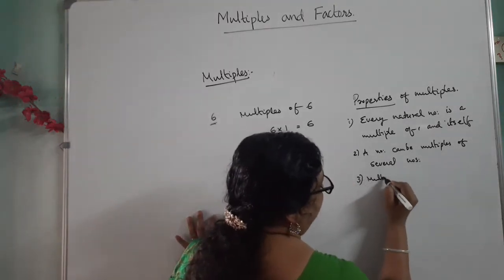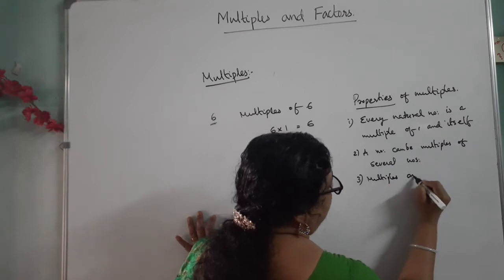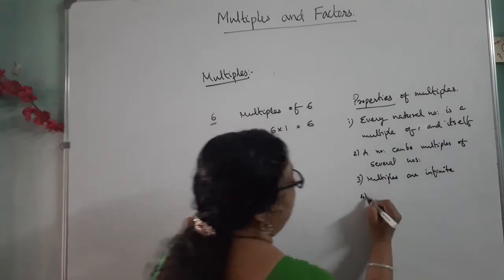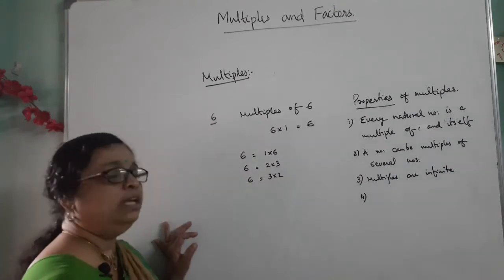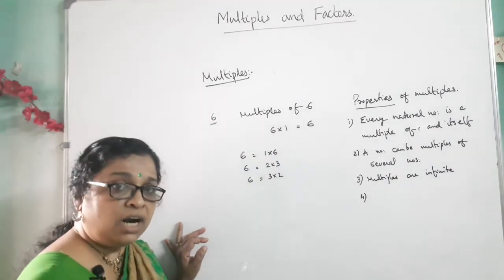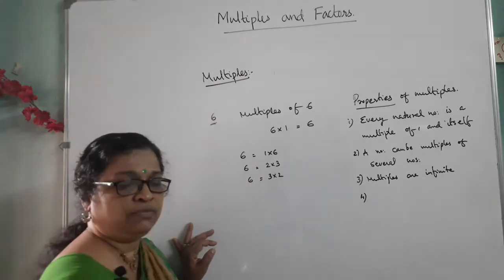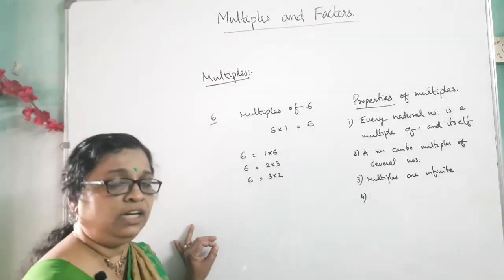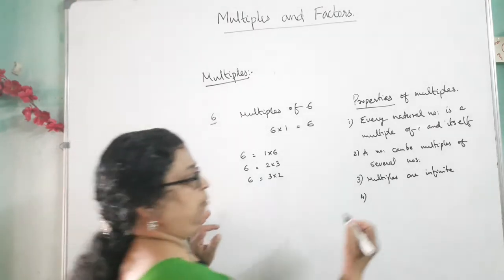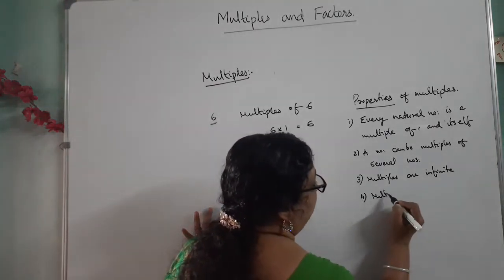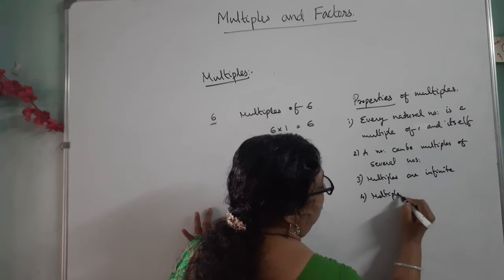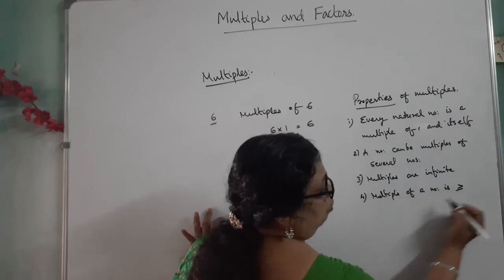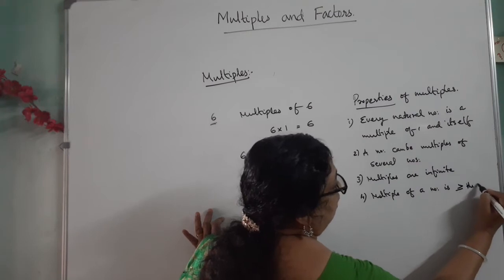Multiples are infinite. Then the next property, every number, when we take the smallest multiple, is the number itself. So, the multiple of a number is greater than or equal to the number.